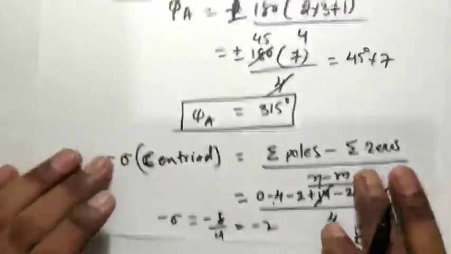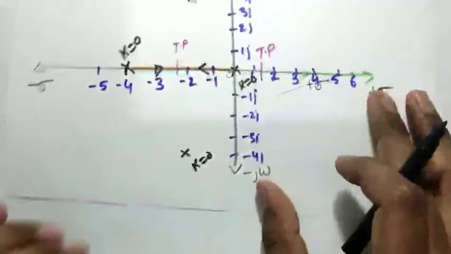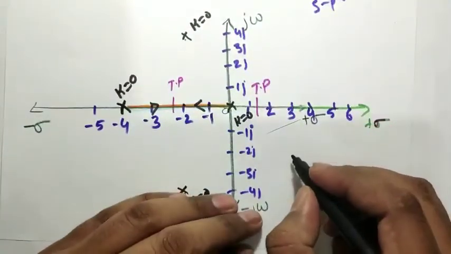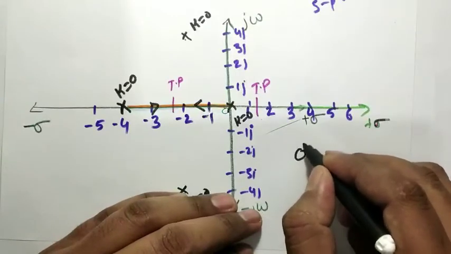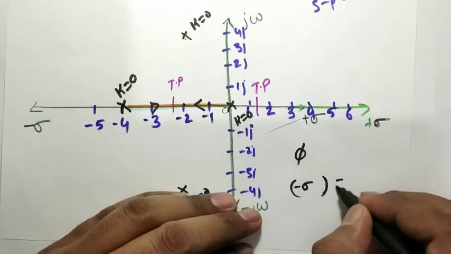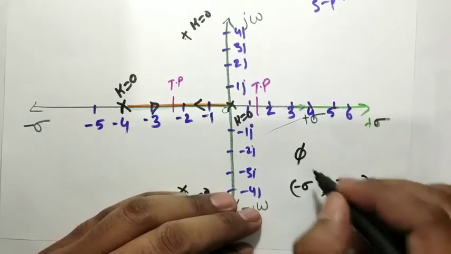Now we see that in the picture. Your centroid is minus 2.